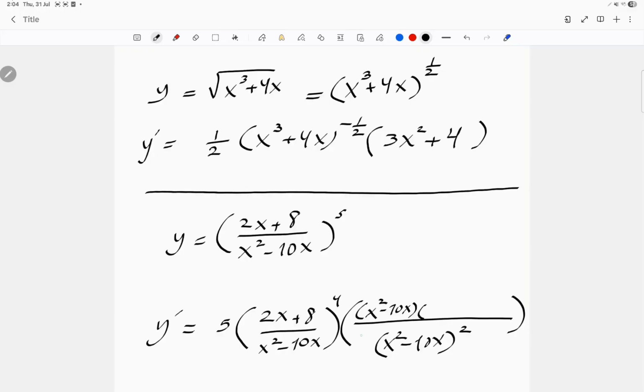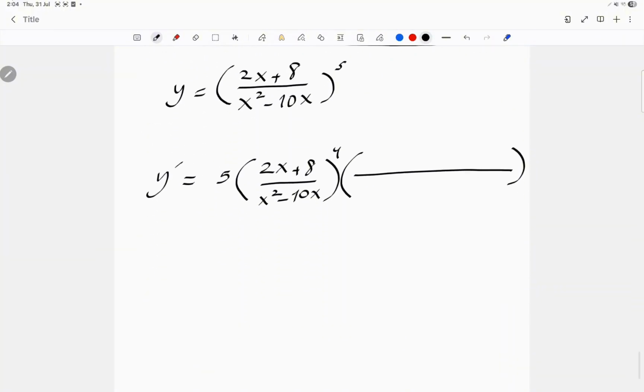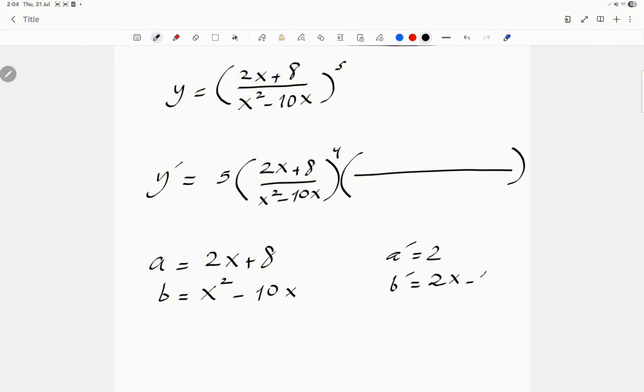One second. What's the a term? The numerator, 2x plus 8. The b term? Denominator, right? What's a prime? 2. What's b prime? 2x minus 10. So put b squared on the bottom.